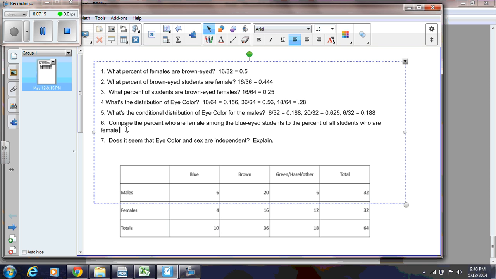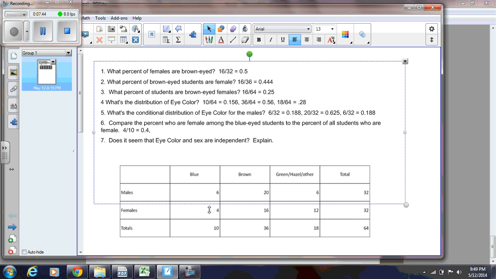All right, so here we want to compare the percent who are female among the blue-eyed students to the percent of all students who are female. So we're going to specifically look at the percent who are female among the blue-eyed students. So there's going to be 4 out of 10. 4 of them are female out of 10, which equals 0.4 or 40%.